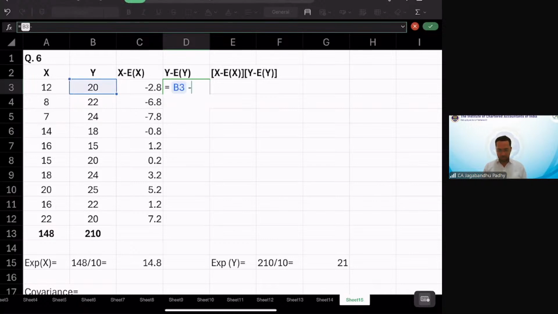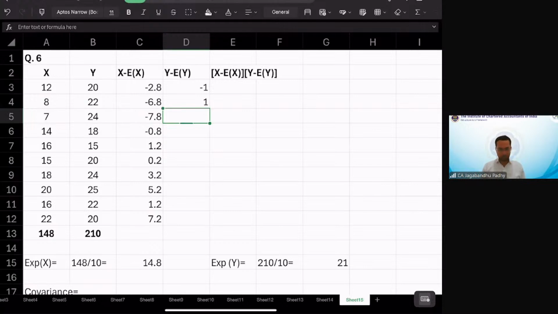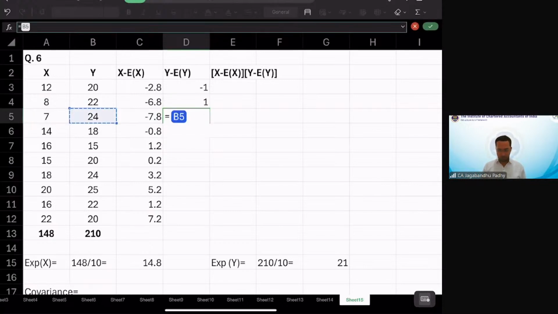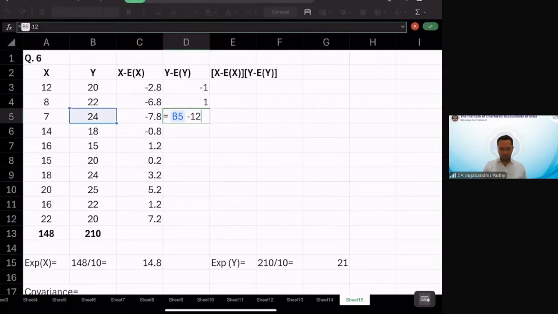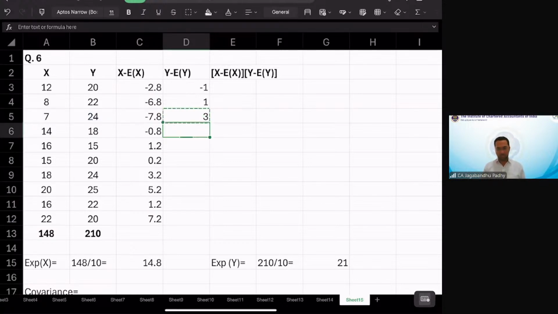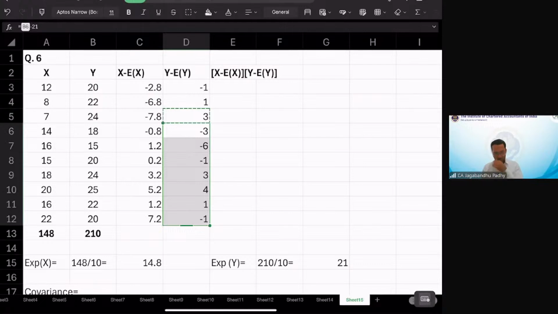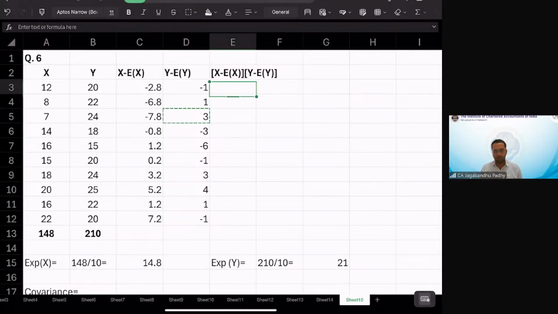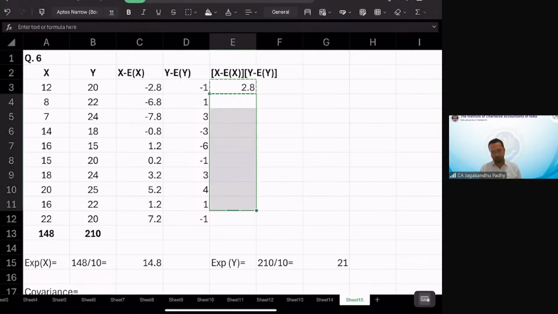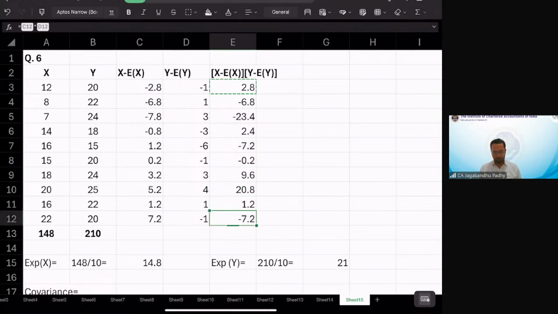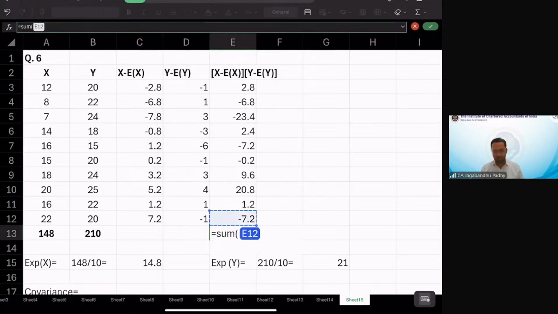So y minus 21, y minus 21, again y minus 21. So throughout we are going to subtract the expected values to arrive at these terms. And then we just need to multiply these terms and take a summation of it.